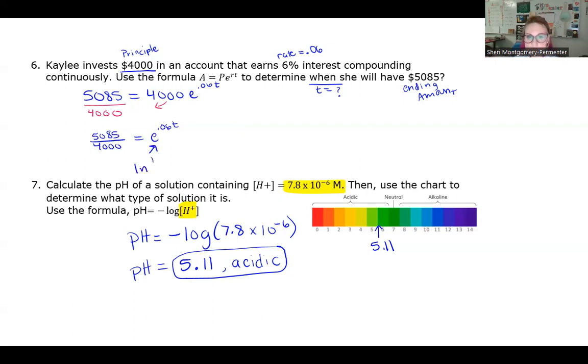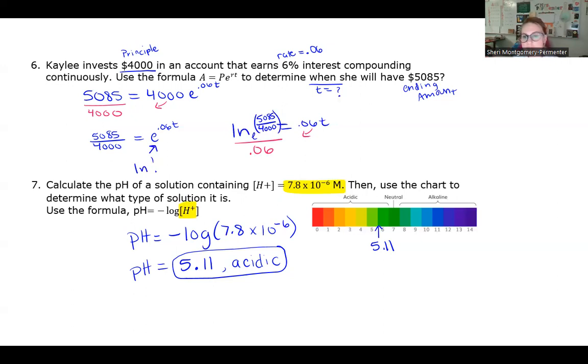So I will rewrite it and I get the natural log with base E raised to the 0.06 times time is equal to 5085 divided by 4,000. This seems really ugly. I almost have t by itself, but I don't. I have to divide all that gross stuff by 0.06.